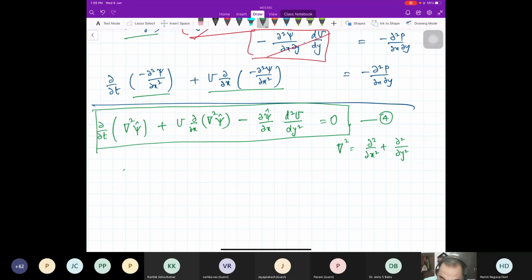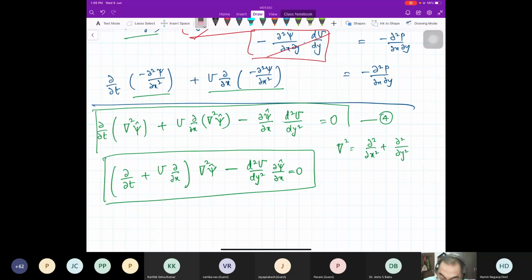I can say del psi by del t plus u del psi by del x of del square psi, okay, psi hat, minus d square u by dy square of del psi by del x is equal to 0.